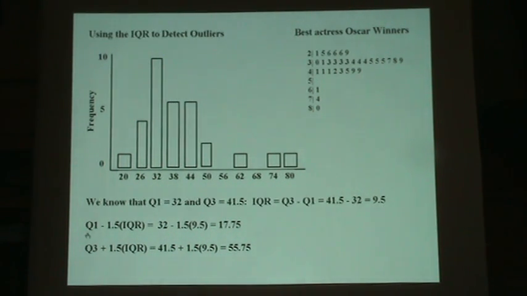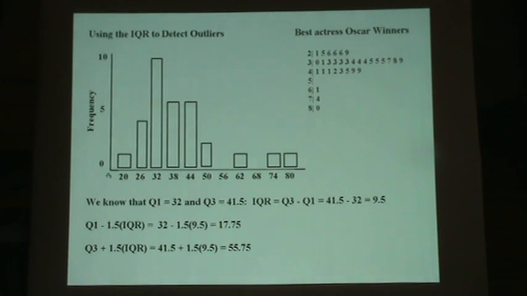So now we're going to take Q1, and we're going to multiply the interquartile range times 1.5, and we're going to subtract that answer from Q1. So Q1 is 32. If we multiply 1.5 times 9.5 and subtract that result, we get 17.75.